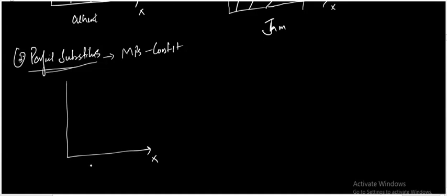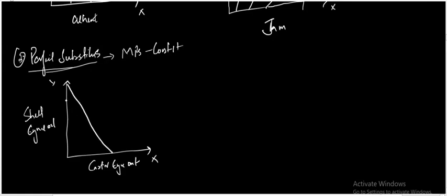Now let me take Castrol engine oil on the x-axis, and let me take Shell engine oil on the y-axis. Therefore, the indifference curve in this case should be a straight line, which means that a consumer will be just willing to switch one unit of Castrol for one unit of Shell, because these goods are identically the same.